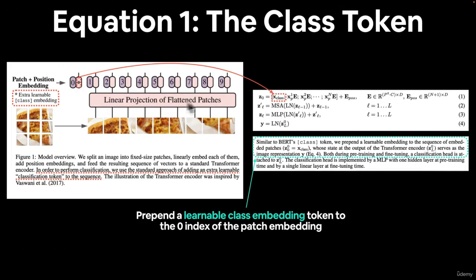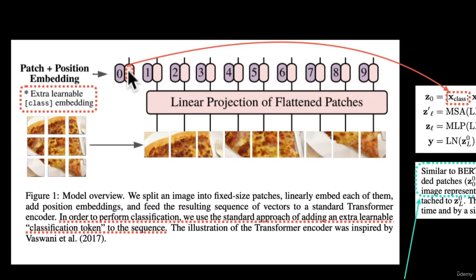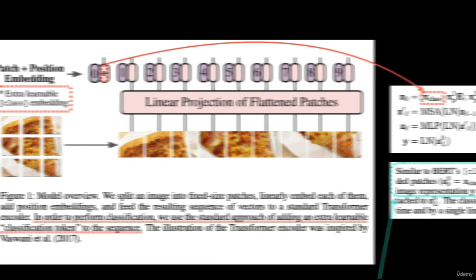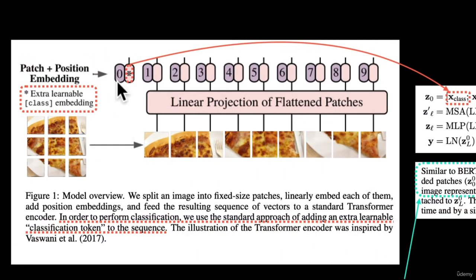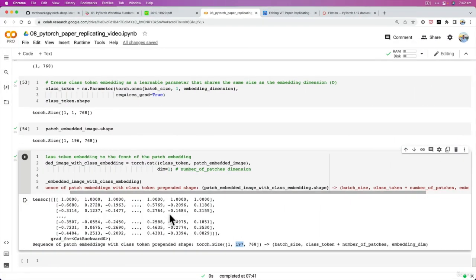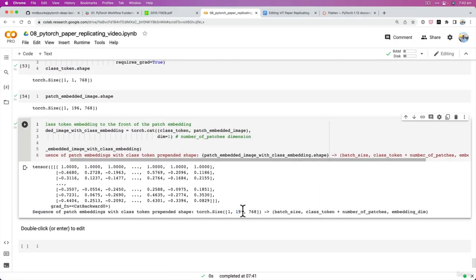So over here, this is our linear projection of flattened patches, in our case we have 196 of them, but then we just added this learnable class token to the front, we prepended it, so now it's number of patches plus 1. So when we create our position embeddings, which is going to be in the next video, we need to make sure that it's the same shape as our linear projection of flattened patches plus the class token, which, the beautiful thing, we've already got here.